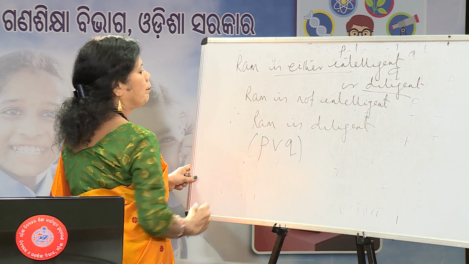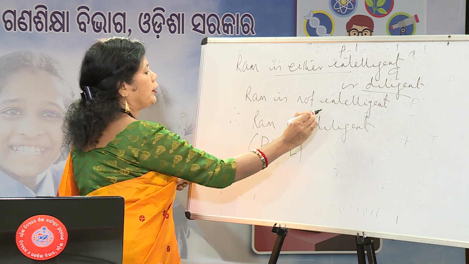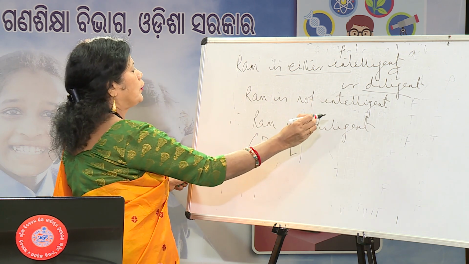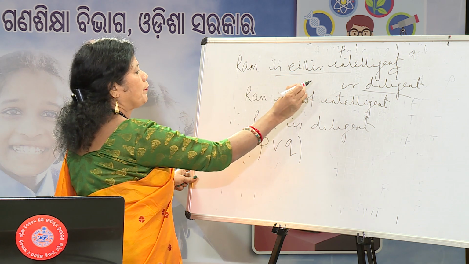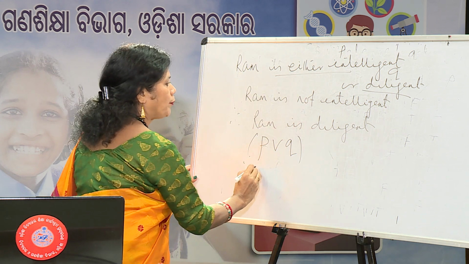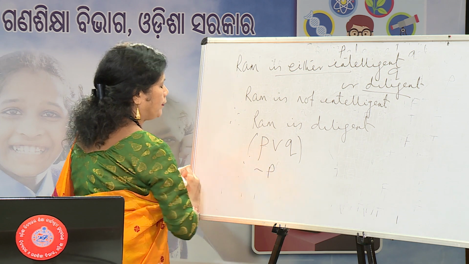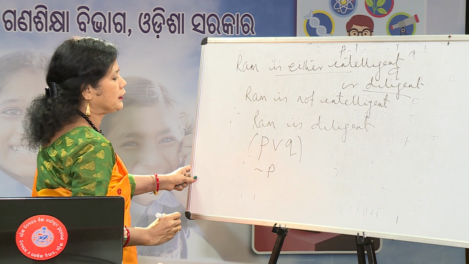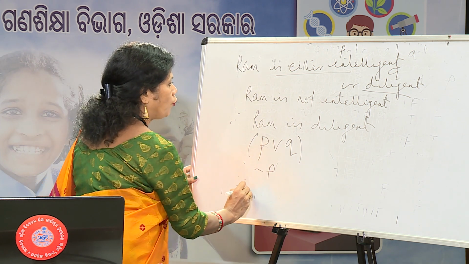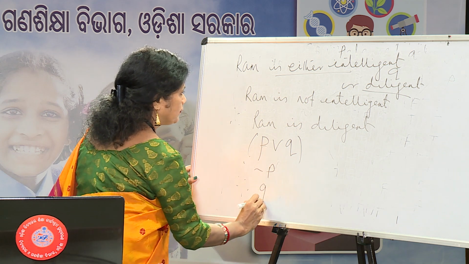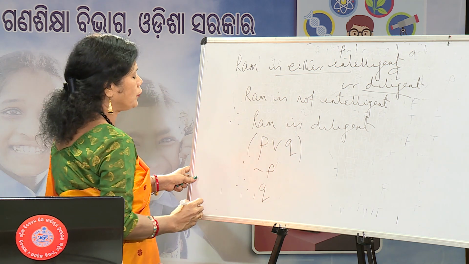Minor premise is Ram is not intelligent. Ram is intelligent is P, so the minor premise is not P. Then Ram is diligent. Therefore Q.